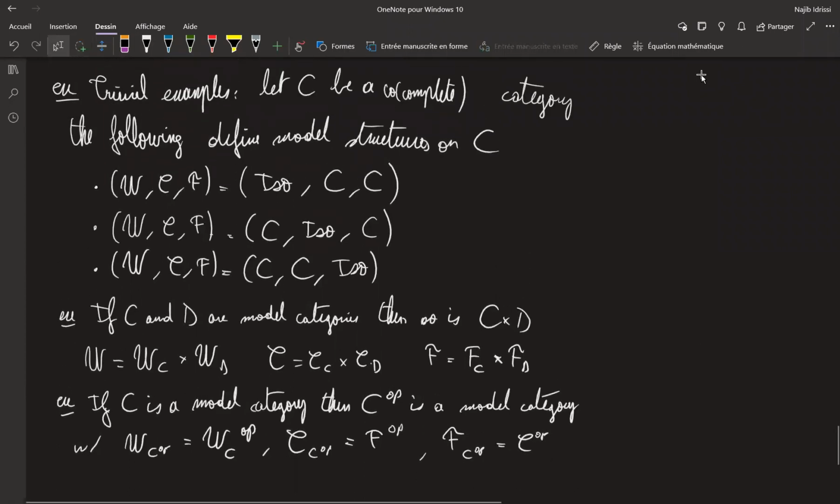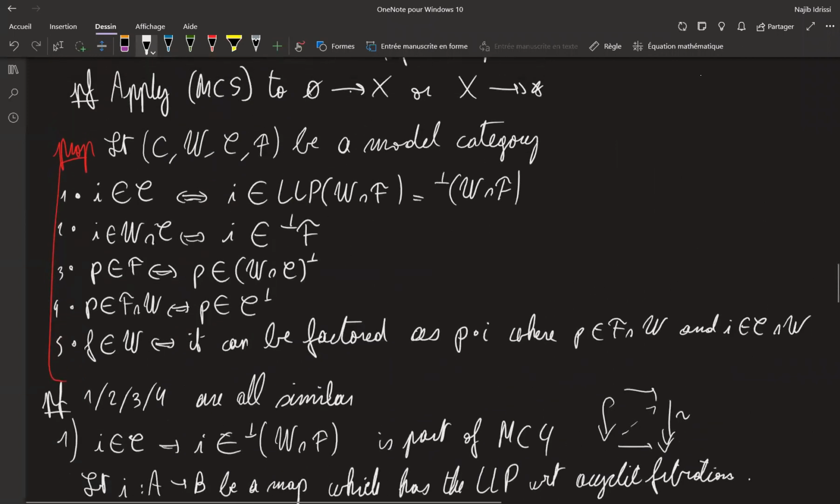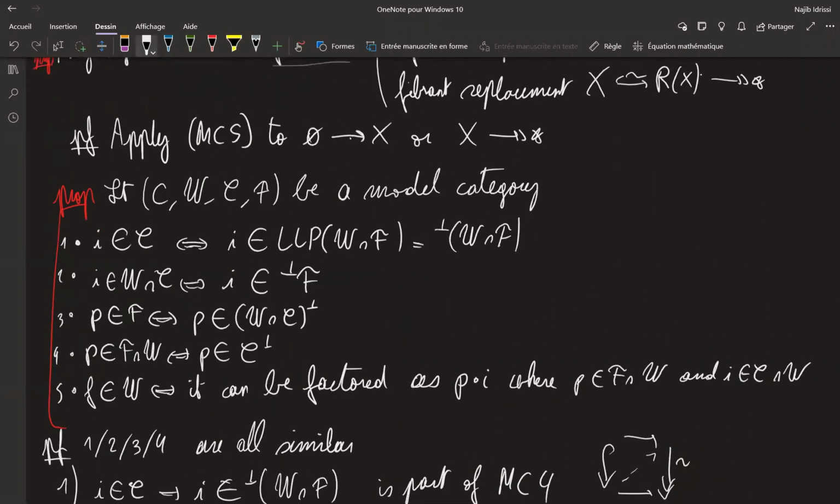Okay, so any questions about these examples? They exist. That's pretty much all there is to say about it. This one is interesting because a lot of propositions and so on can be proved using dual arguments. For example, like your comrade noticed earlier, point 3 and 4, if you prove point 1 and 2, point 3 and 4 can be proved by saying, okay, we have proven it for any model category.